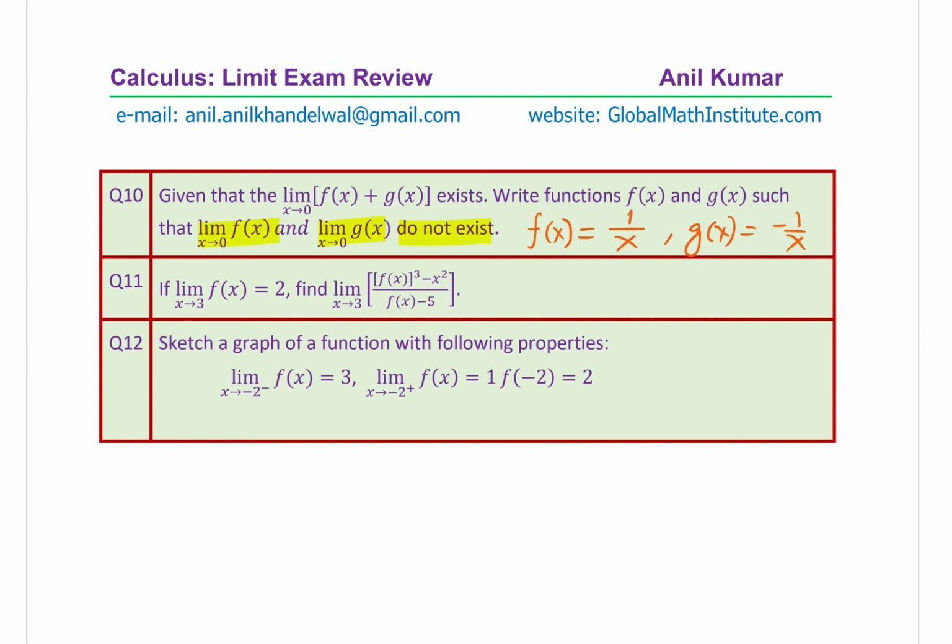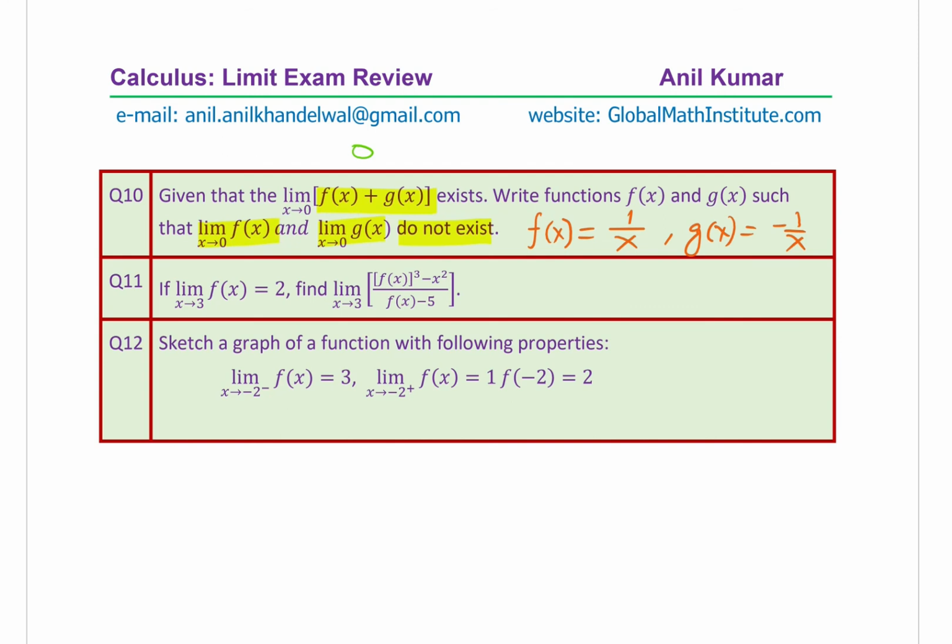We have a vertical asymptote at x equals 0, and therefore they do not exist. But when you add them up, you get 0, right? So the limit exists. When you make it f of x plus g of x, it is 0, right? And the limit exists. A constant 0 and the limit is 0. Perfect. So in this particular case, when you add, the limit is 0 and that is your answer.